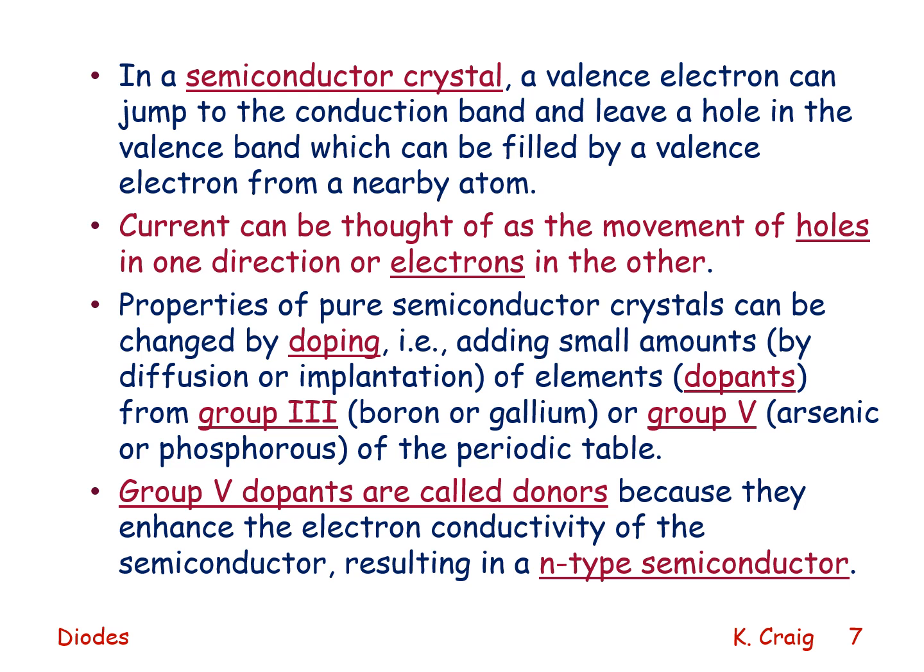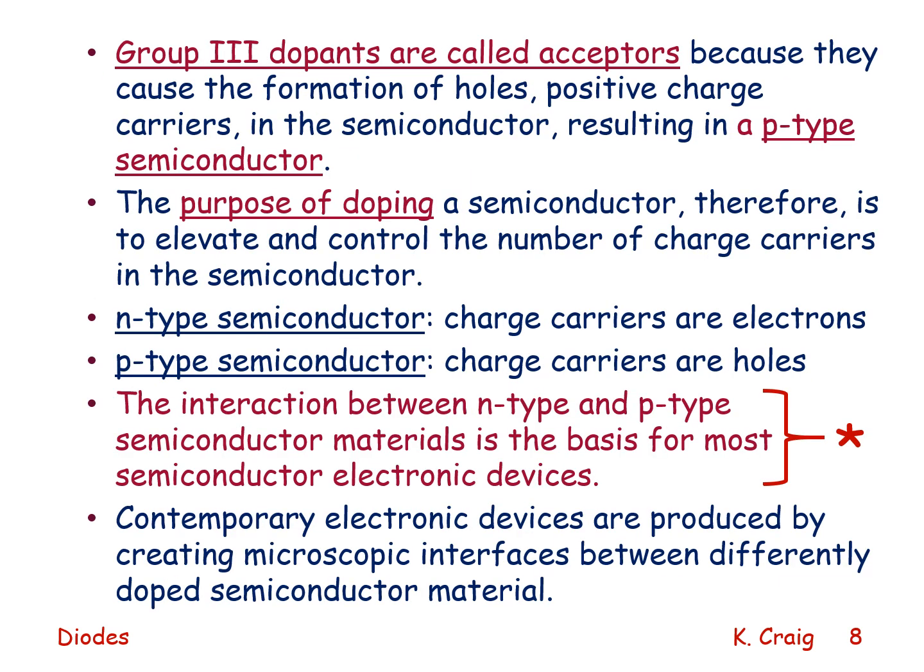Group 5 dopants are called donors because they enhance the electron conductivity of the semiconductor, resulting in an N-type semiconductor. Group 3 dopants are called acceptors because they cause the formation of holes, which are positive charge carriers in the semiconductor, resulting in a P-type semiconductor. The purpose of doping a semiconductor, therefore, is to elevate and control the number of charge carriers in the semiconductor.